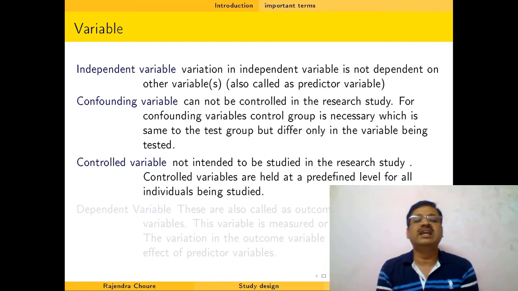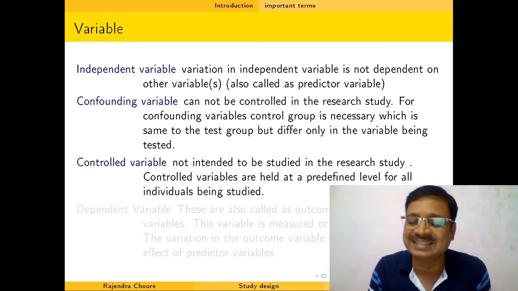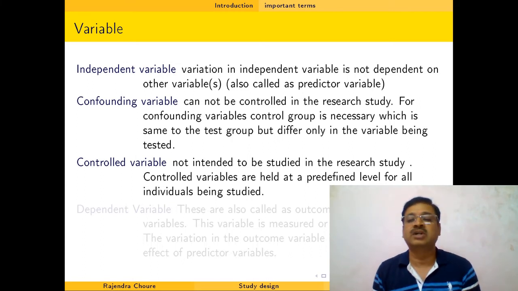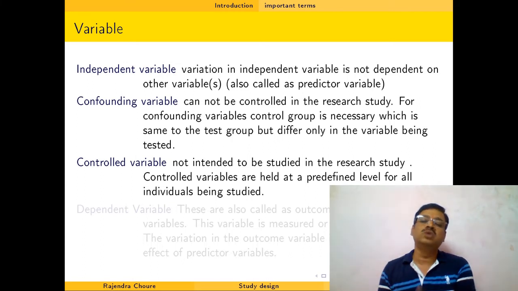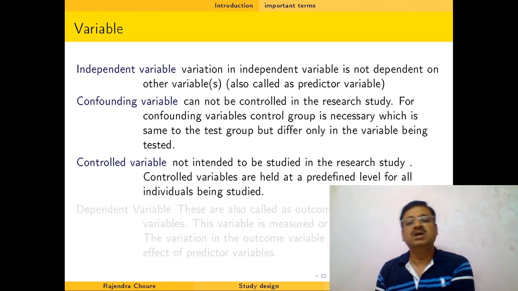Then control variable is the variable which is not intended to be studied in the research study. For example, we may not want to study the effect of temperature on a particular outcome. Therefore, the effect of temperature will be the control variable. Sometimes we may not want to study the effect of age on the outcome, effect of age of person or effect of age of that culture, effect of age of that inoculum on the outcome.